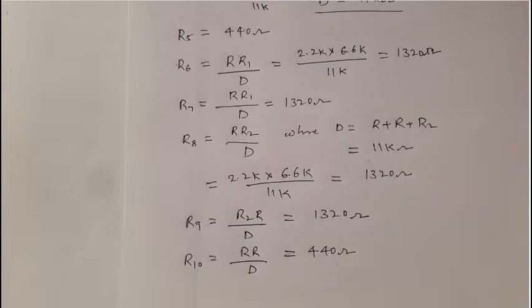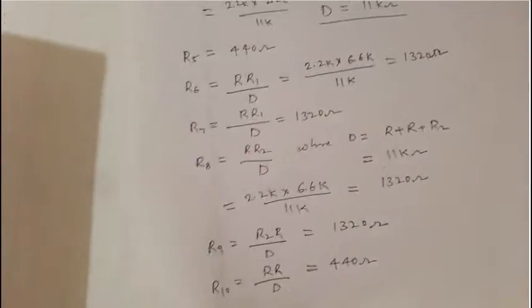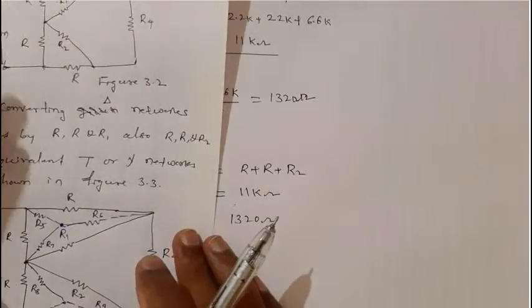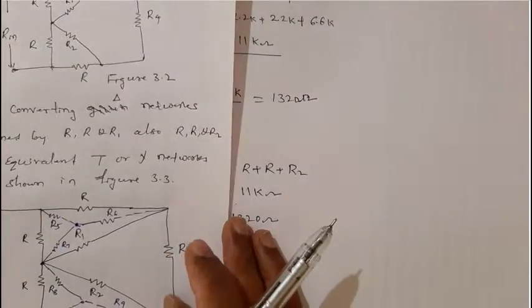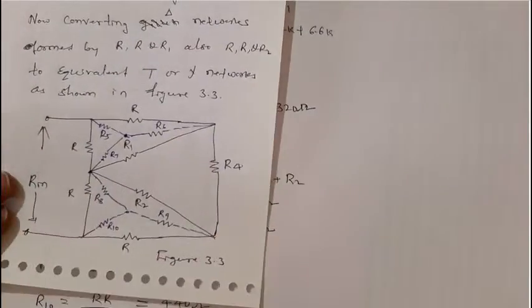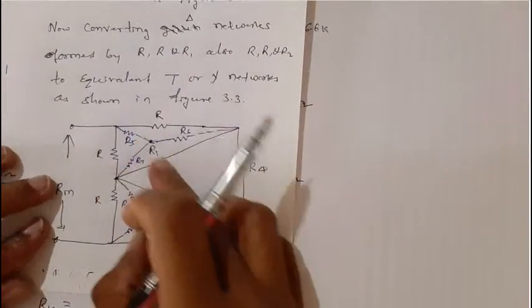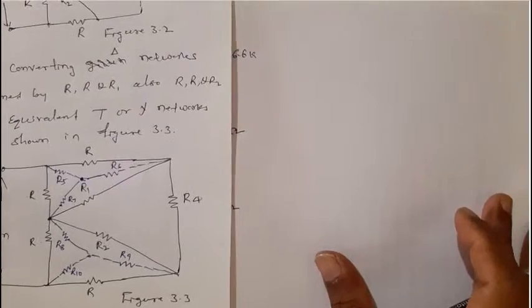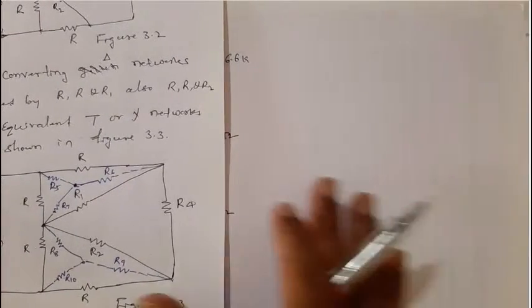Now I will redraw this, dear students. I can redraw this by removing the resistors of the delta network. How do I redraw? Let us see.